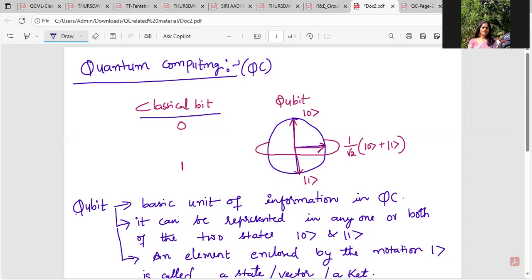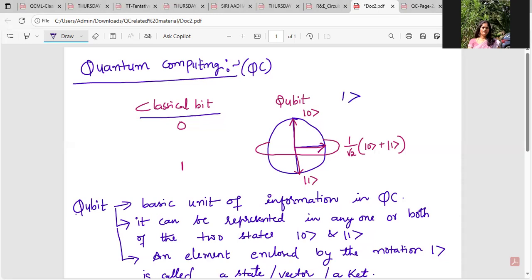Now, here also we have 0 and 1, but there is a small variation in the representation, just to distinguish, of course, there are different things associated with it. Slowly you will understand from the next videos what they are all. But you can see this representation.